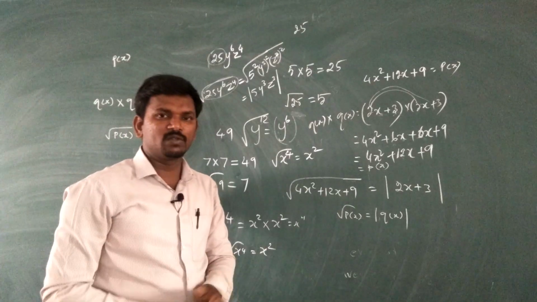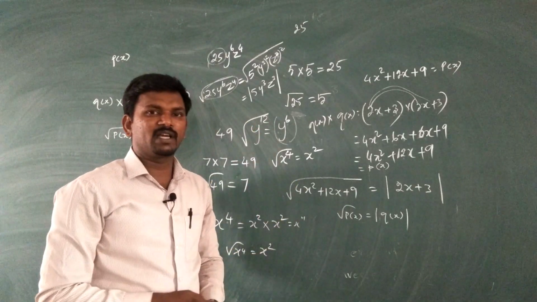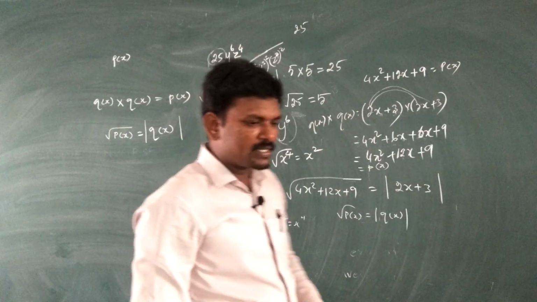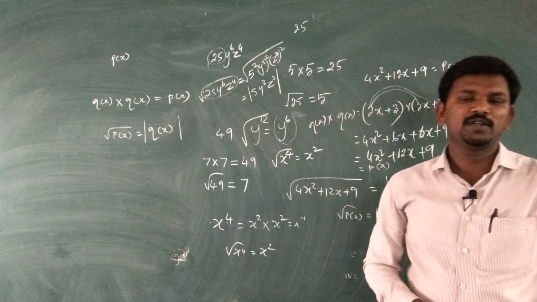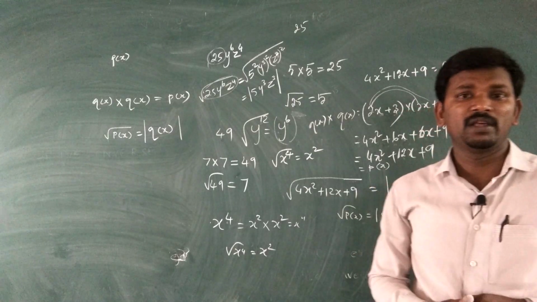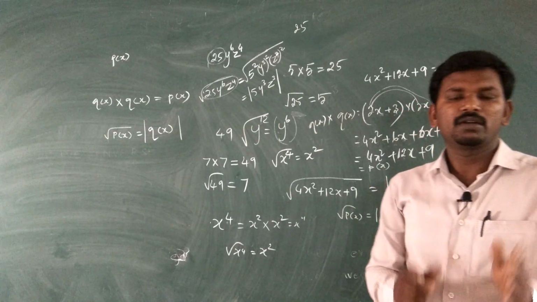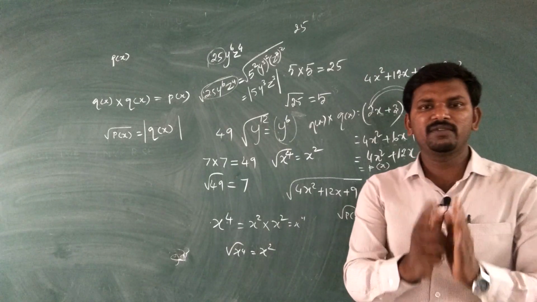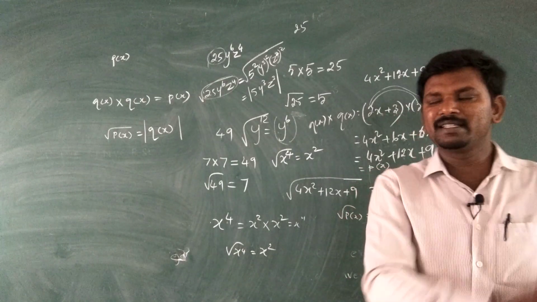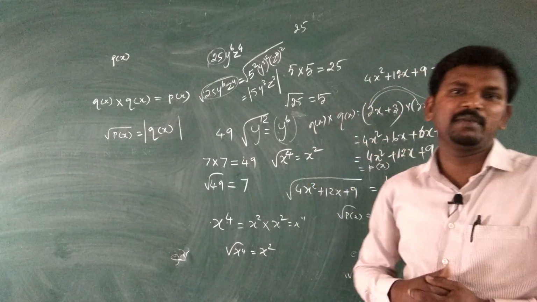I hope you understood the square root concept. In this topic, we are going to use two methods to find the square root of a polynomial. The first one is the factorization method. Using factorization, we can find the square root of any given polynomial.